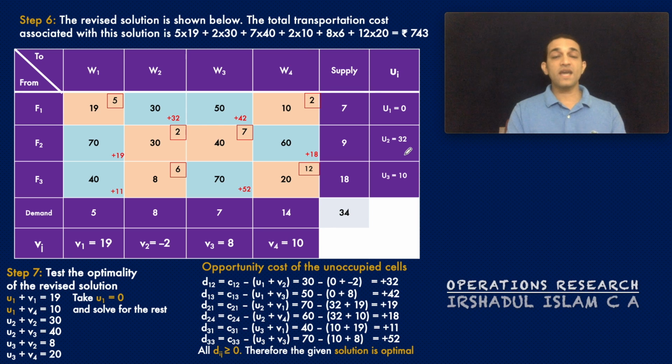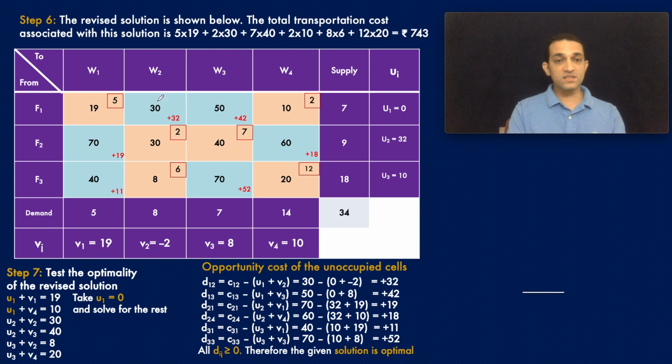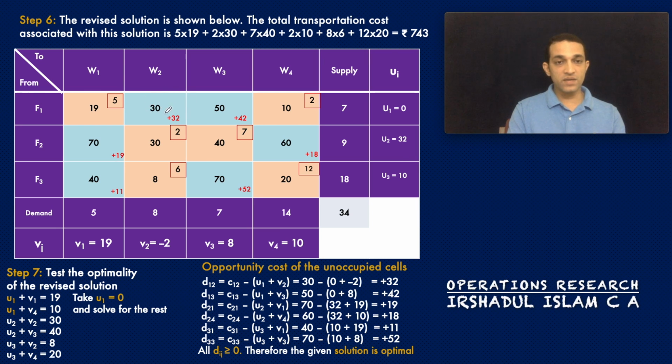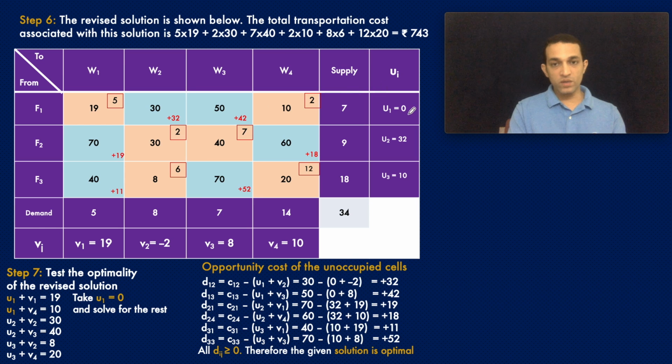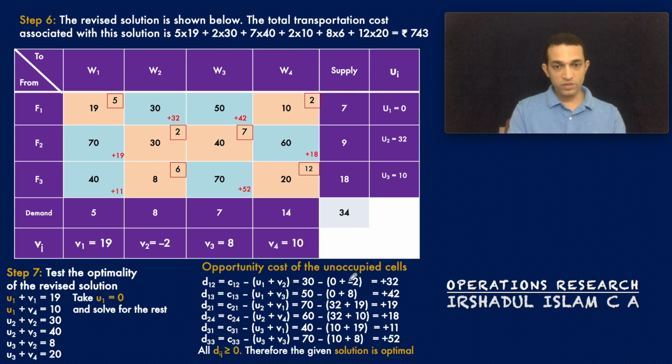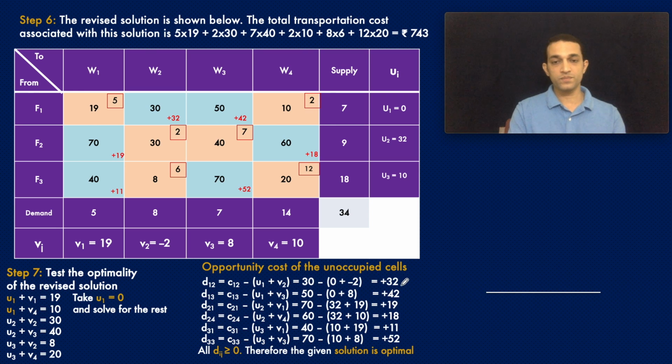With this we will calculate the opportunity cost for the unoccupied cells. So for that, take this cell, this is an unoccupied cell, d12 equal to c12 minus (u1 plus v2), that is 30 minus (u1 equal to 0 and v2 equal to minus 2), 0 plus minus 2, that is minus 2, 30 minus minus 2 equal to plus 32.